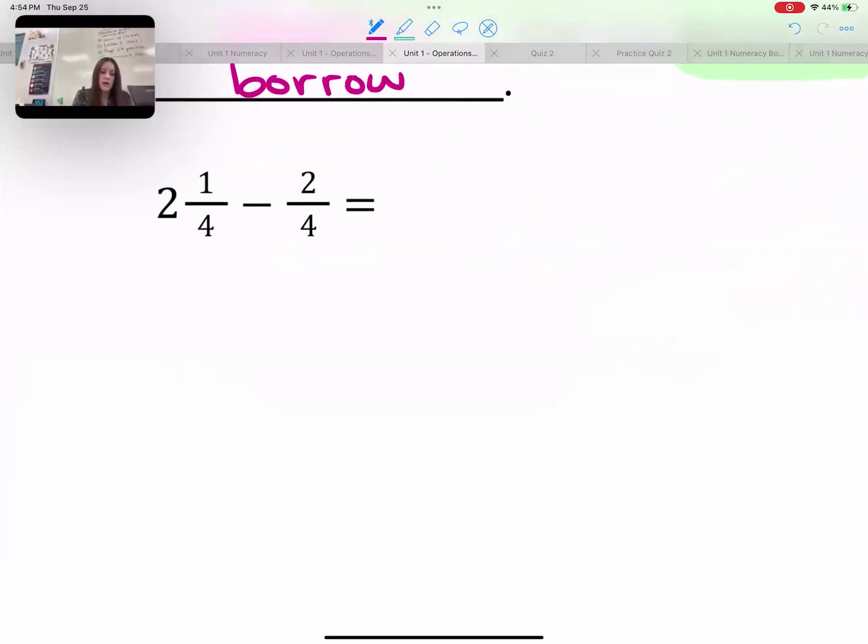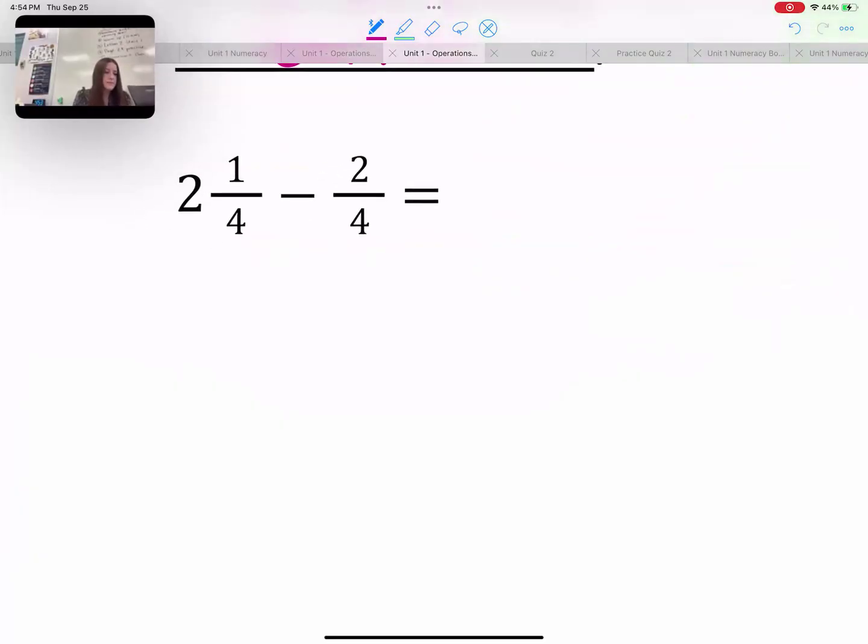So what that looks like here is if I am subtracting 2 and it is bigger than 1, I actually have to take a whole number out of this.